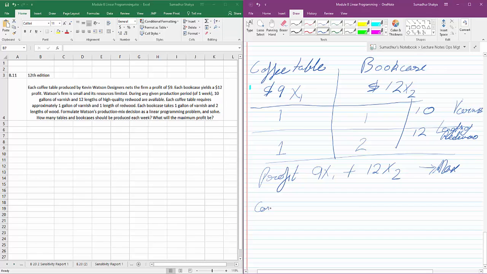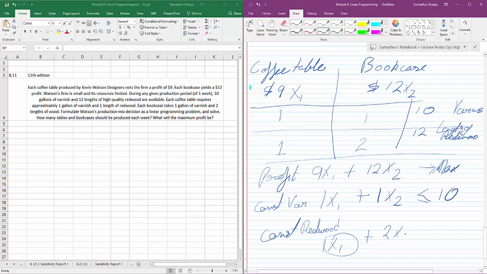The constraint for varnish would be 1x1 plus 1x2 should stay less than or equal to 10 gallons of varnish that is given to us, and the constraint for redwood would be 1 length of redwood for the table and 2 lengths of redwood for the bookcase, and they should stay less than the 12 lengths of total redwood that is given to us.